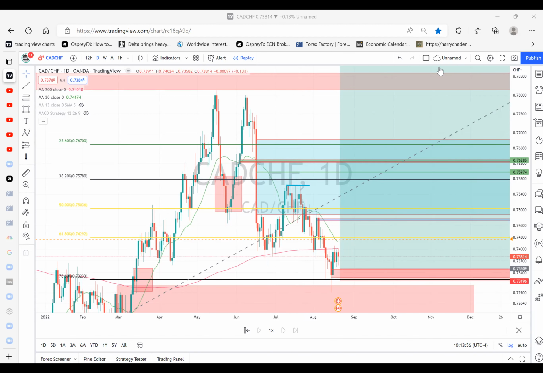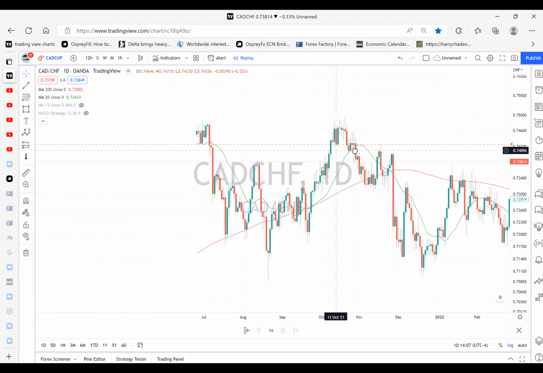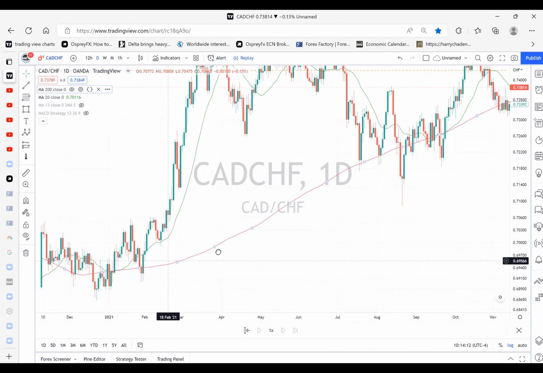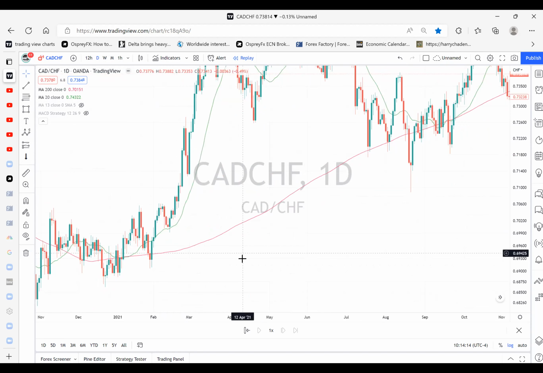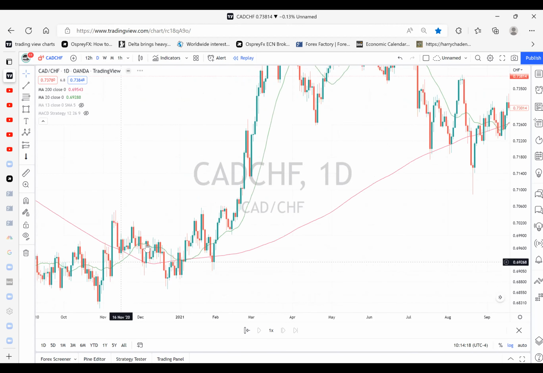So if we look at this chart of CAD CHF, let me just get rid of everything. CAD CHF, we can go back however far you guys want to go back. And the proof of concept, the concept that he's talking about, if we take this section of the chart here, this is what he was talking about, a narrow state, okay?